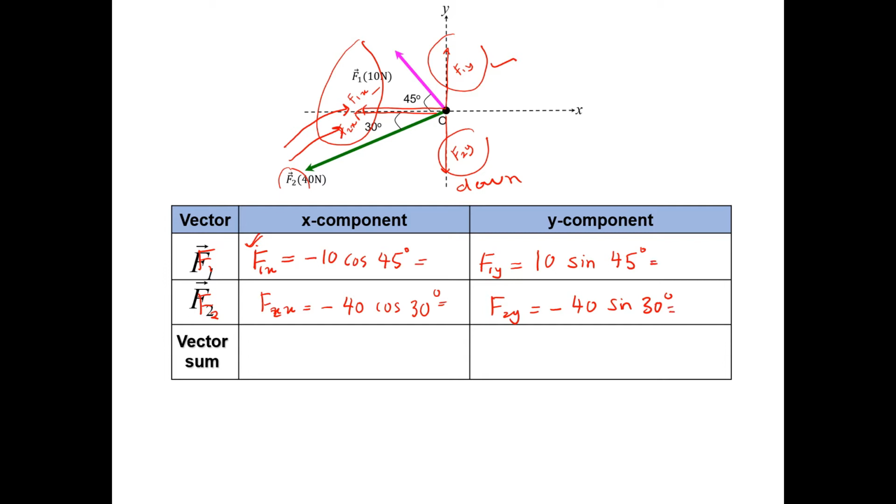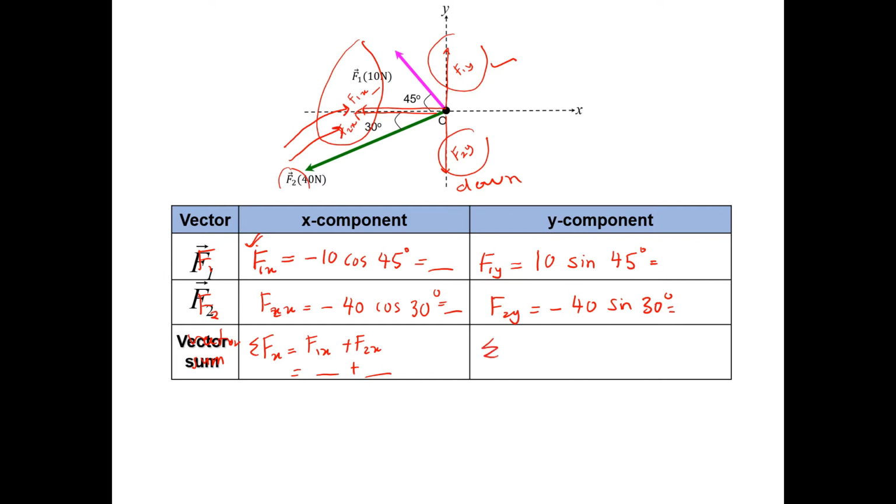This part is the vector sum, the sum of the vectors. What we do here is the summation of all x components is equal to F1x plus F2x. You have done the calculation here, right? You have to add up the two numbers. The same goes for the y component.